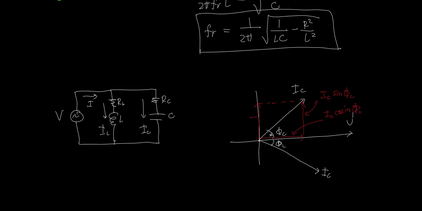And for the inductor, we have here this one. This is the y component of the IL. This is IL, and that's opposite. So IL times sine of phi L, and this will be the x component, and that's IL cosine of phi L. Then I also draw I here.